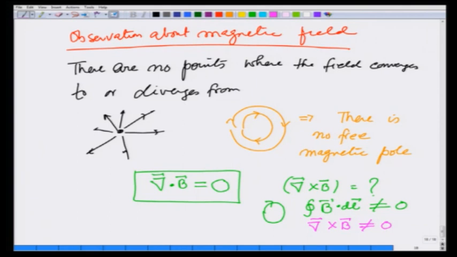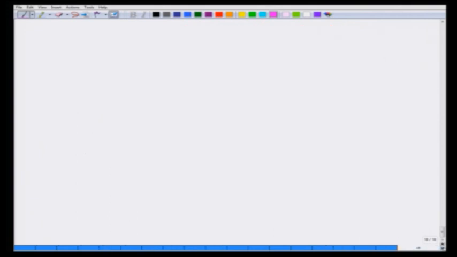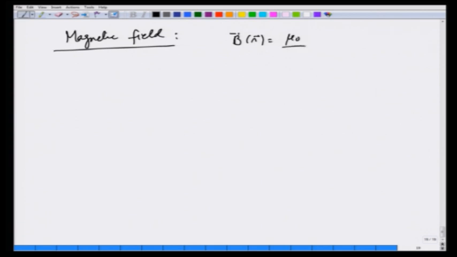All right. So, from these observations, what we see is that for a magnetic field, for dipoles I can write B(r) as some constant mu 0 over 4 pi times 3 r dot m r minus m over r cubed.